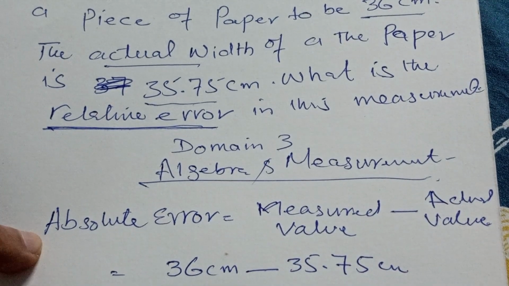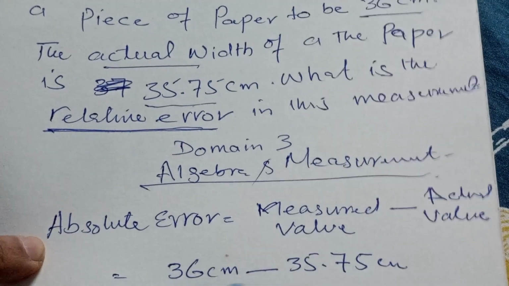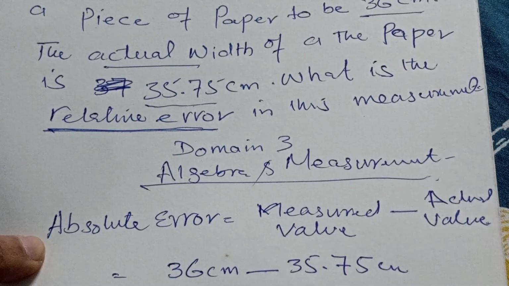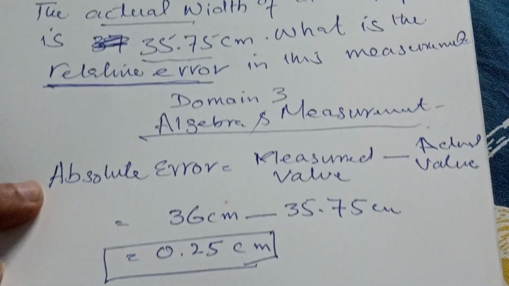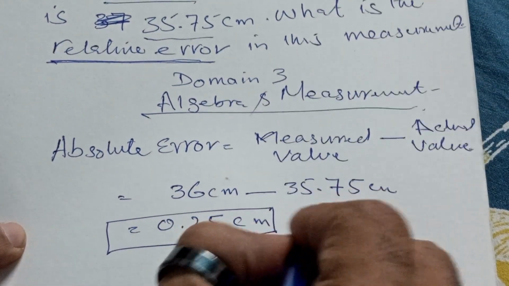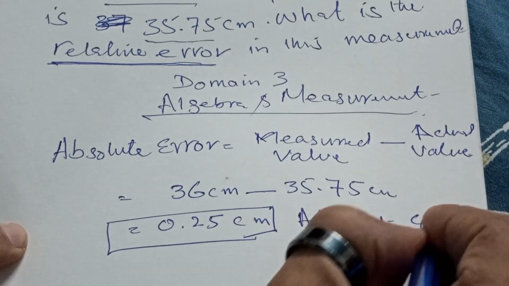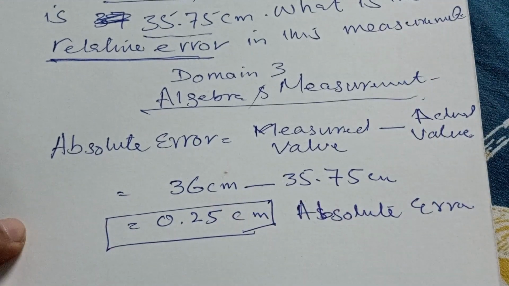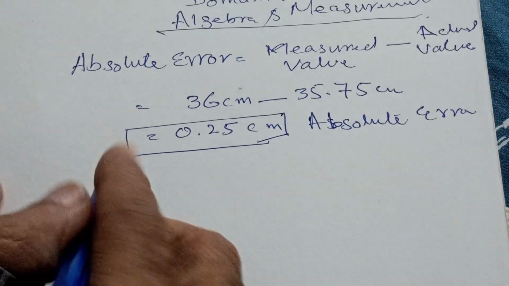So that will be 0.25 centimeters. So this is what we got, the absolute error. Absolute error. Now let's find the relative error, right?